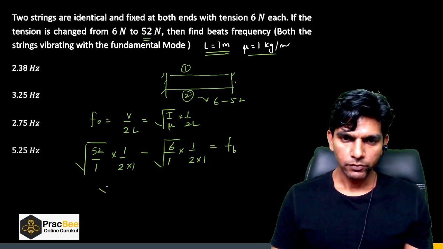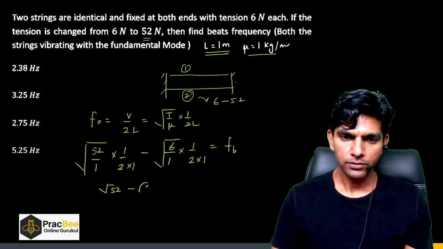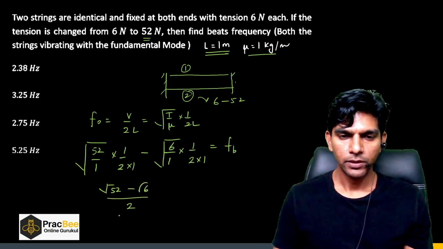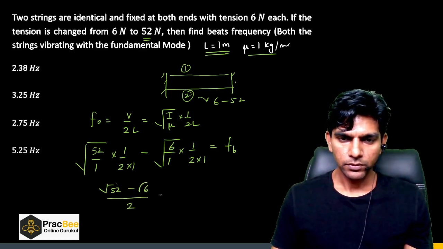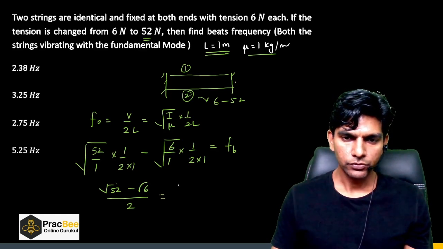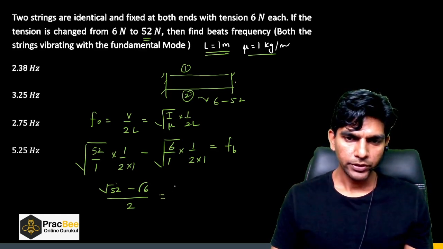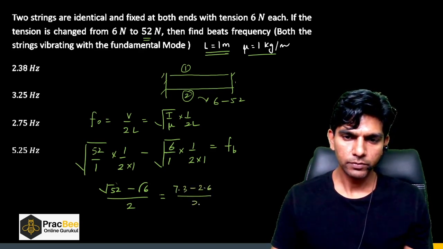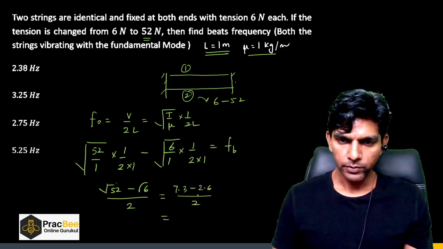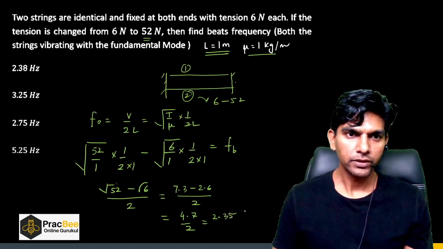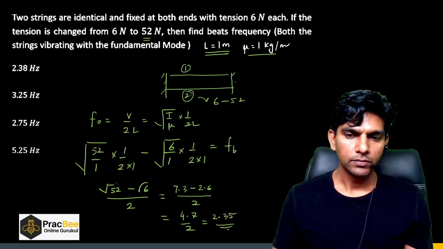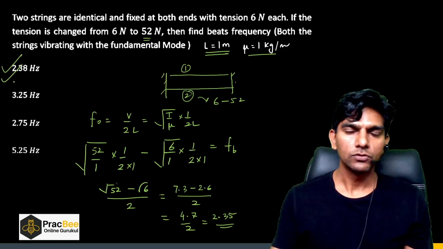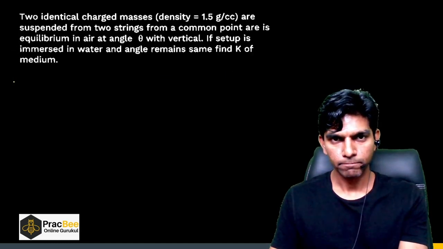So from here it will be (root 52 minus root 6) divided by 2, and root 52 is close to 7.3, and root 6 will be close to 2.6, divided by 2, and this will be around 4.7 by 2, so this will be 2.35. So our answer is quite close to 2.38, so option 1 is the right answer.